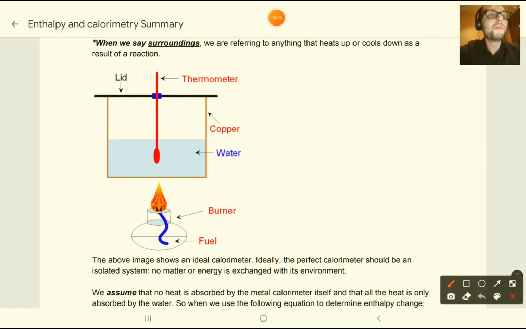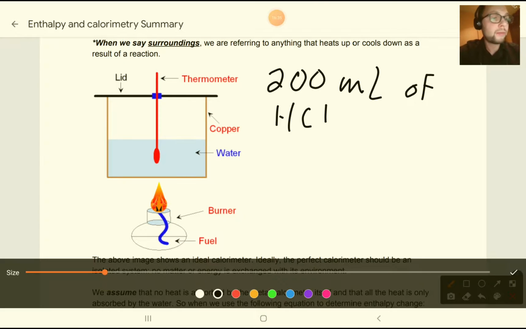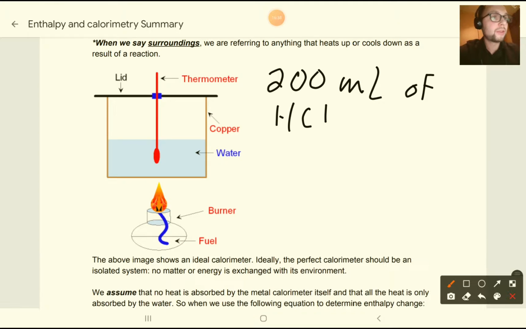And so what we mean more or less is that let's say I had 200 milliliters of HCl, and let's say I even gave a concentration, of 0.5 moles per liter HCl.